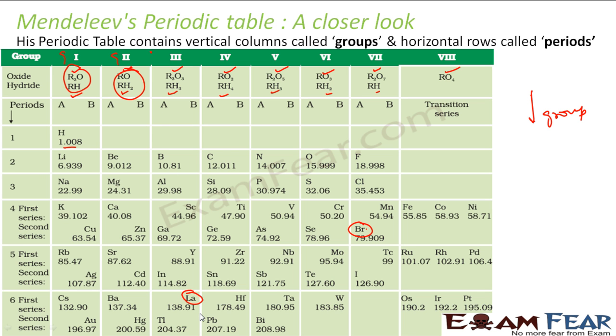If you react those in a chemistry lab, you'll see that that was the kind of reaction it goes through, right? So just by looking at the position of the element, for example Ti, if it reacts with oxygen, it will form TiO2, and if it reacts with hydrogen, it will form TiH. Those were the things he was able to tell just by looking at the position of the element in the periodic table.